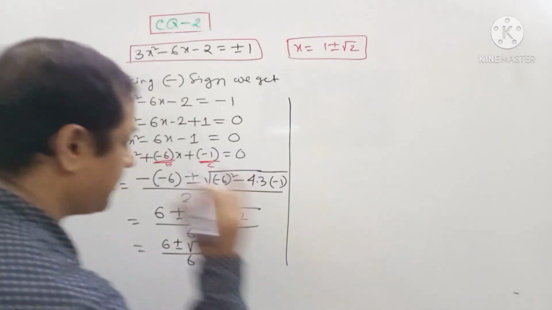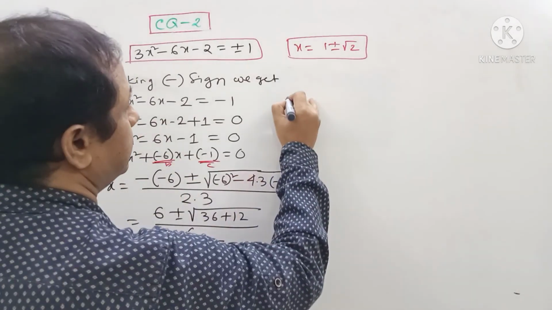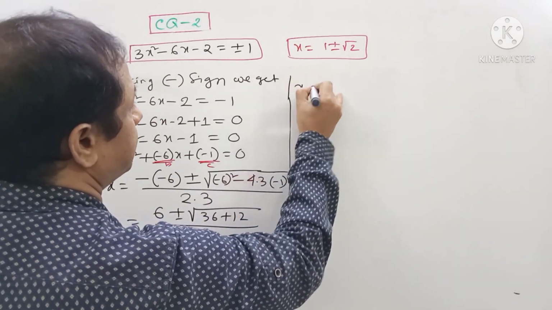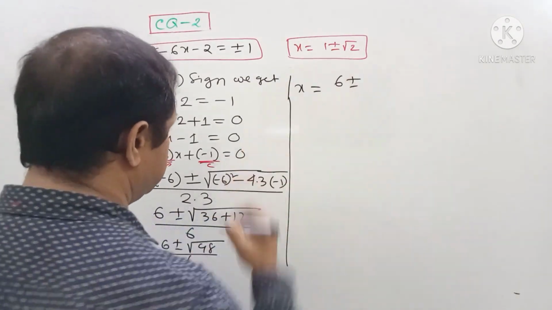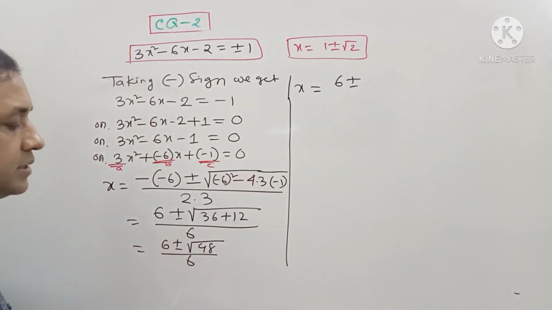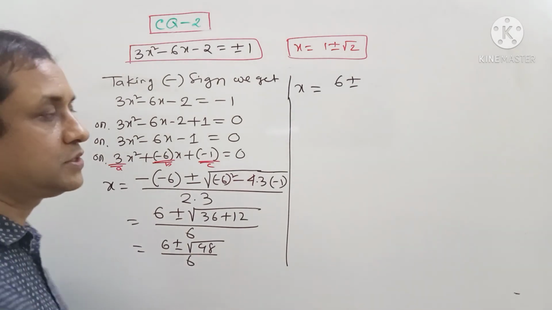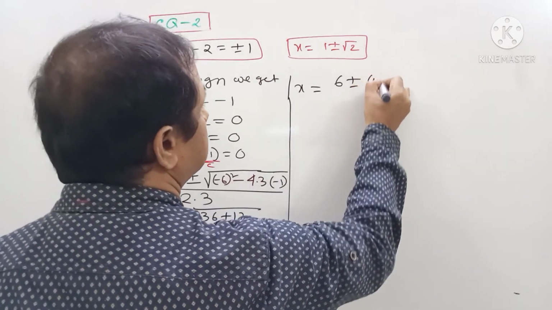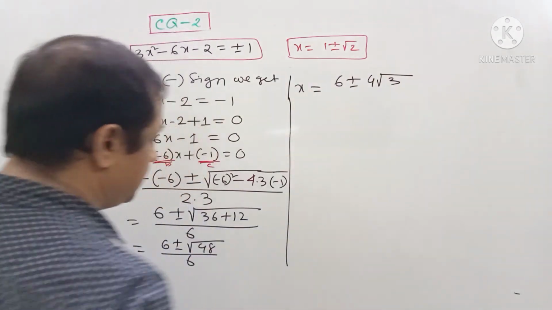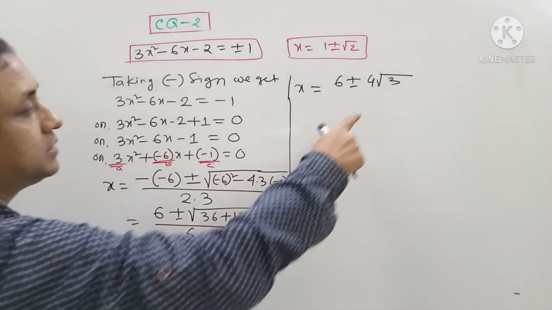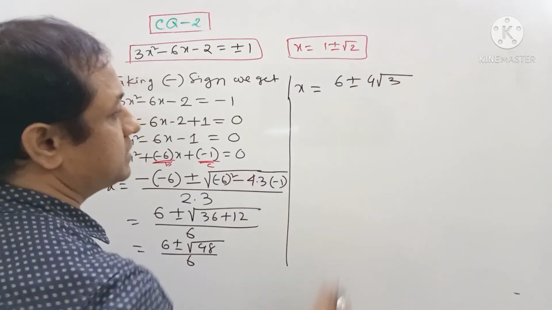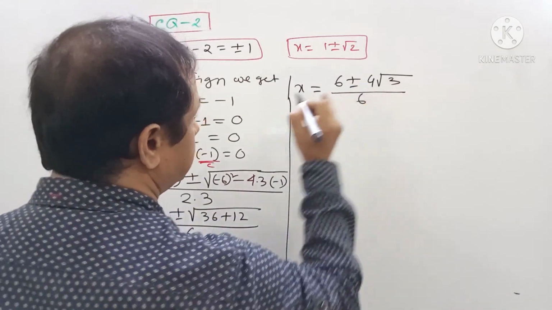Using a calculator, root over 48 equals 4 root over 3, so 6 plus minus 4 root 3 by 6.